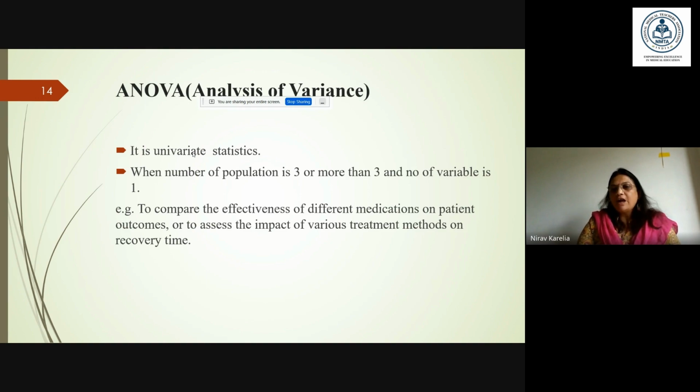The outcome is the recovery time. I want to measure the recovery time between the three groups, three populations. One population receives treatment A, the second receives B, the third receives C, but the main variable is treatment. Only the treatment I have considered.